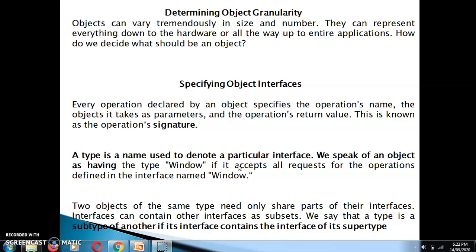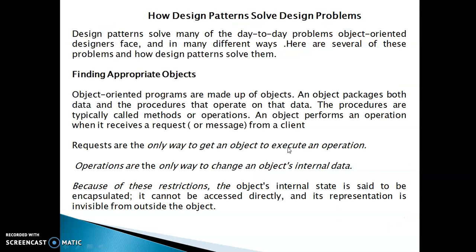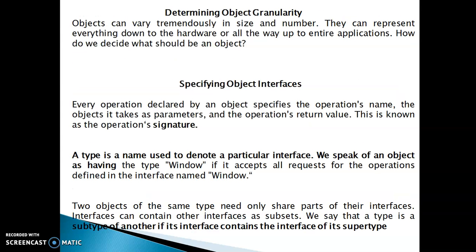Yes, hello everyone. In the previous class, we have seen some of the concepts related to design patterns. Those are how design patterns solve design problems, finding appropriate objects, what is the meaning of granularity, and specifying object interface.